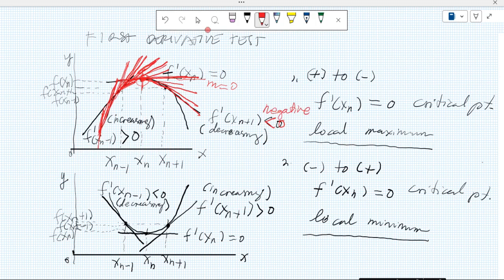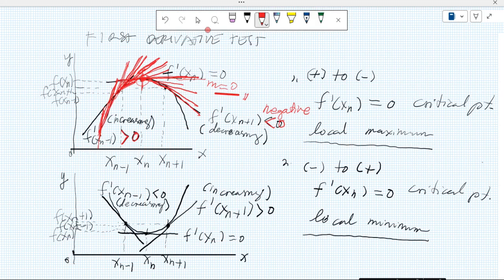Again, in the first part, for an increasing part of the curve, the value of the first derivative is positive. Then the inclination goes down, becomes flat, and the slope is essentially 0.